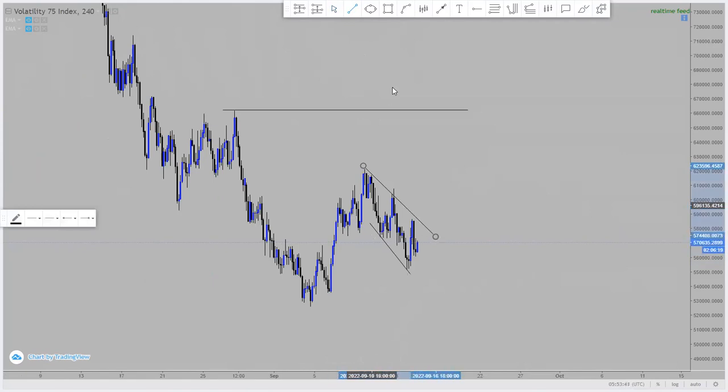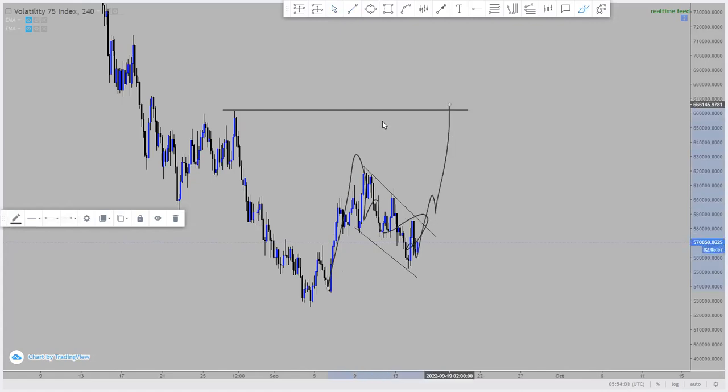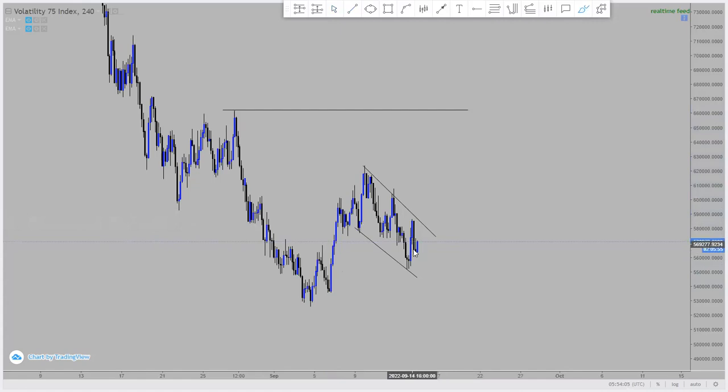According to this retail method that I'm using, push, correction, after the correction, then push. So I'm expecting a further push after the break outside of this channel there, according to the retail perspective.